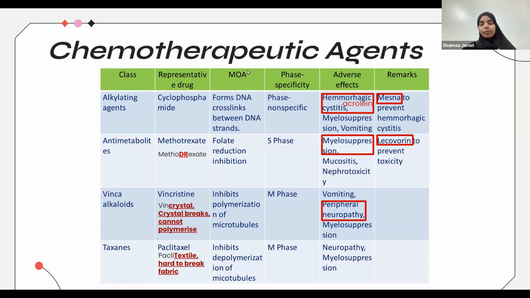You'll realize that for all chemotherapeutic agents, the side effect is myelosuppression. But why is it important to know it? You shouldn't memorize it for the others, but for methotrexate, it's important because you can actually prevent it by giving something called leucovorin. Leucovorin is basically folinic acid, and it bypasses the dihydrofolate step.